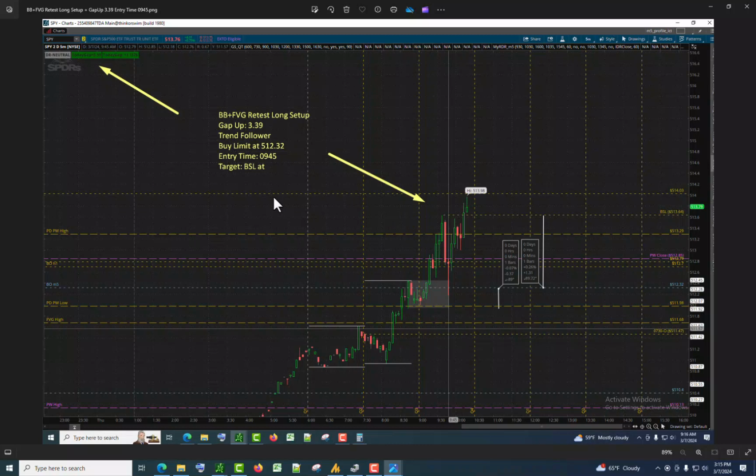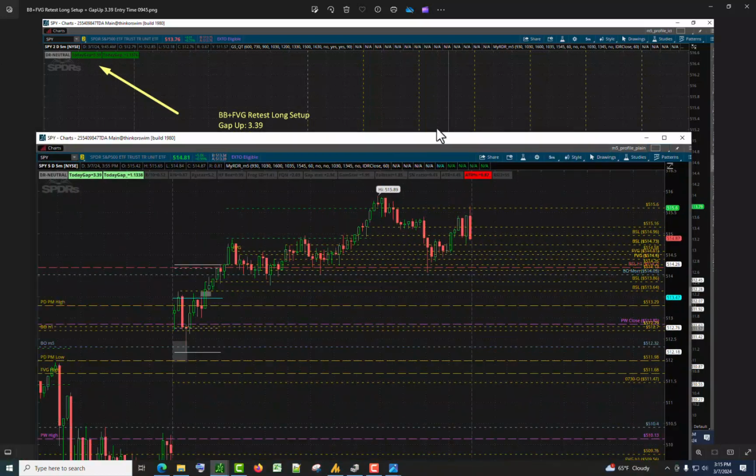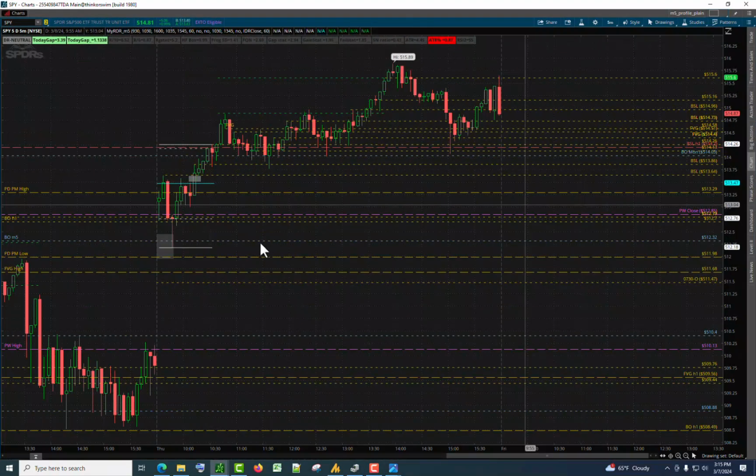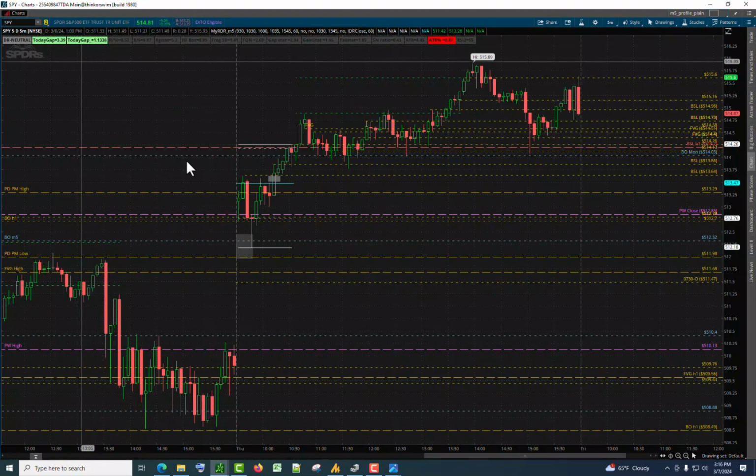Why? Because it has a huge gap up, $3. Look at the gap up right here. The chart showed a giant gap up, $3 right there.